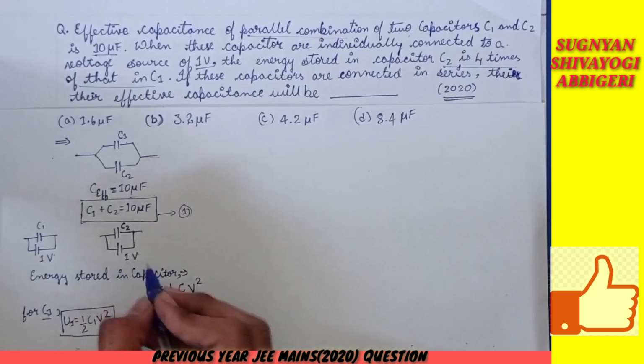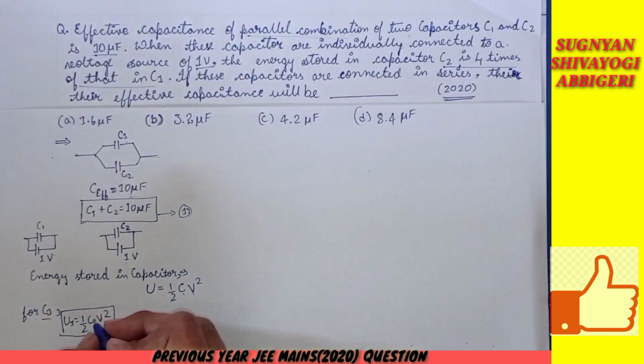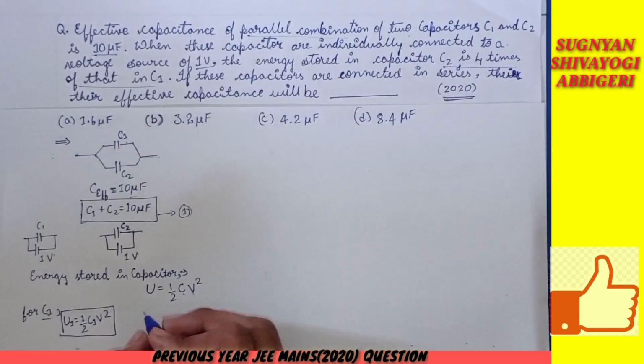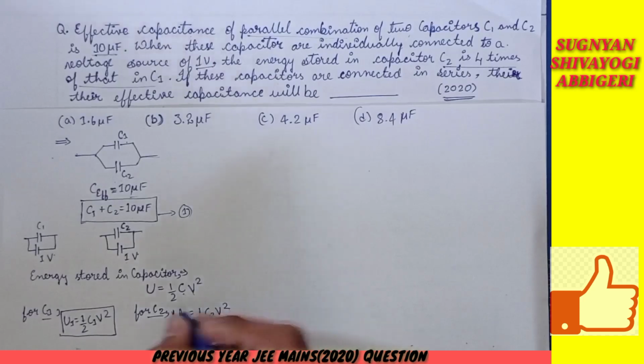Because the voltage is the same, 1 volt, we need not mention separately V1, but we don't know anything about the capacitance, so I'm writing this simply as C1 into V square. This is the formula we are applying here. For capacitor C2, the energy will be U2 is equal to half into C2 into V square.